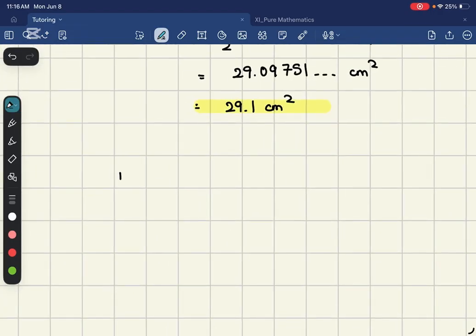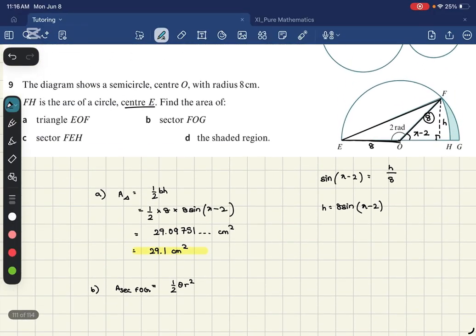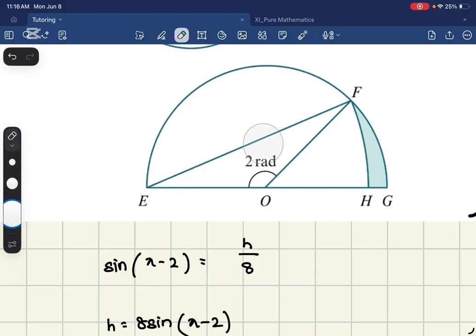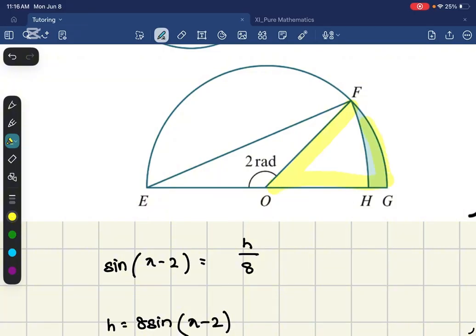What is the area of the sector FOG? That is just half theta r squared, right? The area of a sector is half theta r squared. So which is the sector FOG? Let me erase everything. FOG is this sector. We already found this angle. This angle was pi minus 2.